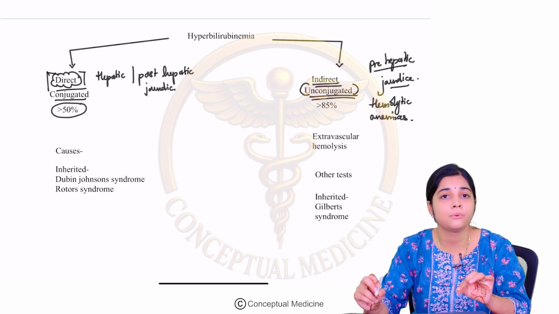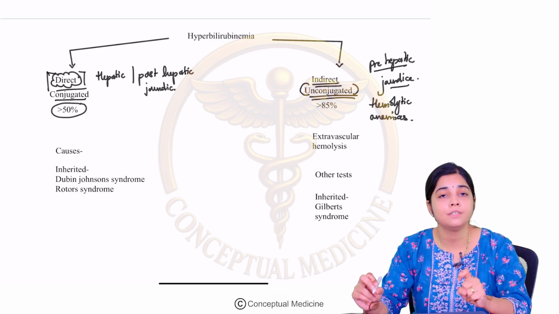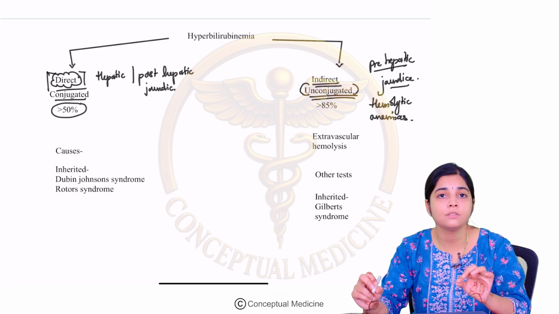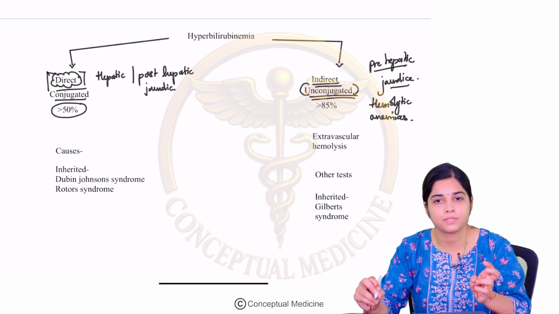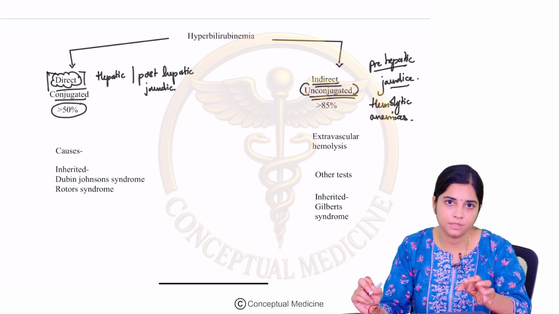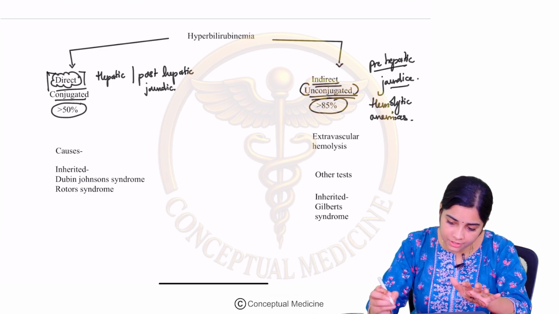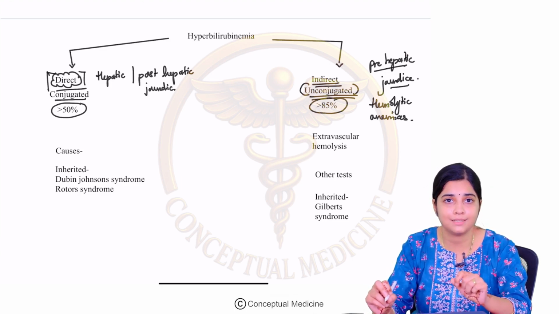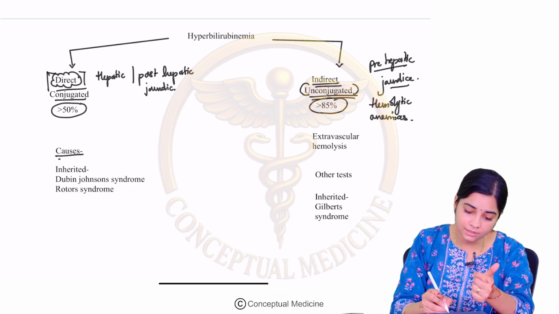So hepatic and post-hepatic jaundice result in conjugated bilirubinemia, and whenever there is an indirect or unconjugated hyperbilirubinemia, the pathology is a pre-hepatic process such as hemolytic anemia. So till here clear? When the unconjugated bilirubin fraction is more than 85%, that is when you call it an indirect hyperbilirubinemia.